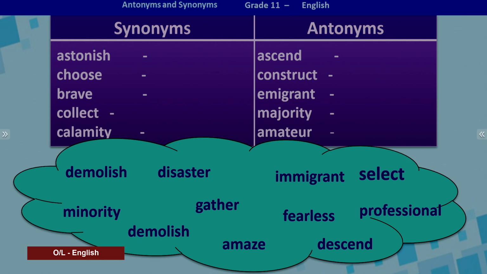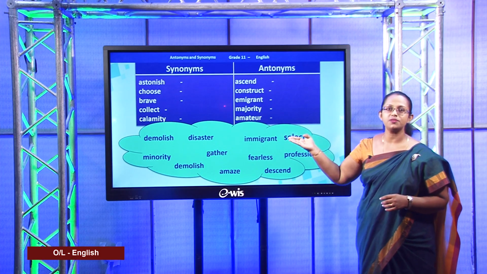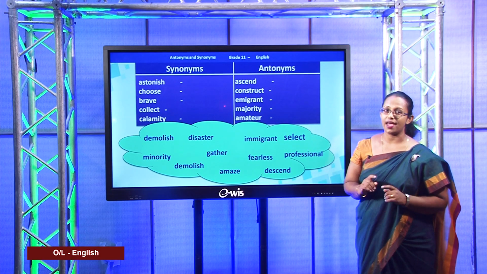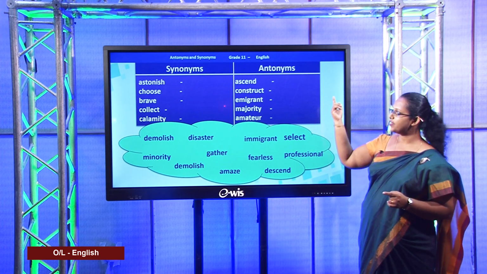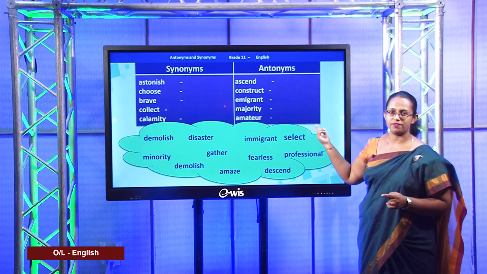You have to find the synonyms for the first column and antonyms for the second column. First, let's read the words. Astonish, choose, brave, collect, calamity. You have to find synonyms for these 5 words. And if we move on to this next part, you have to find antonyms for these 5 words.